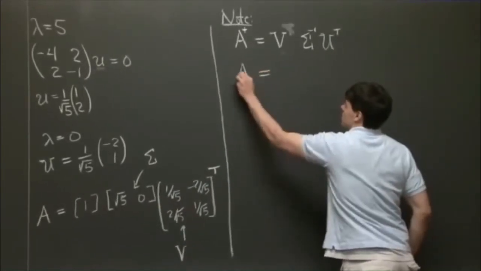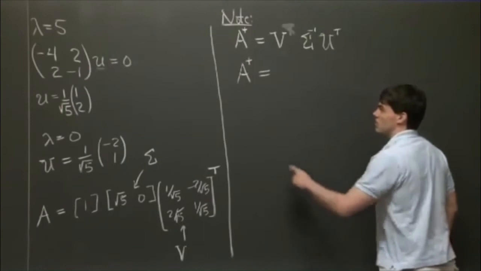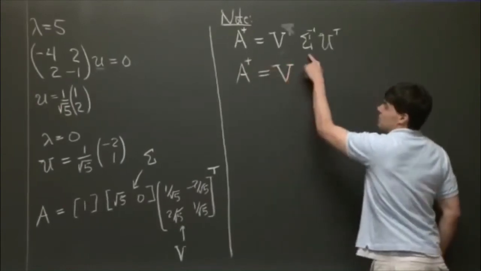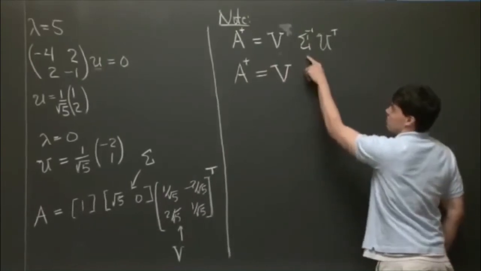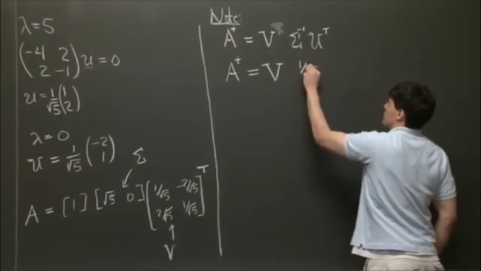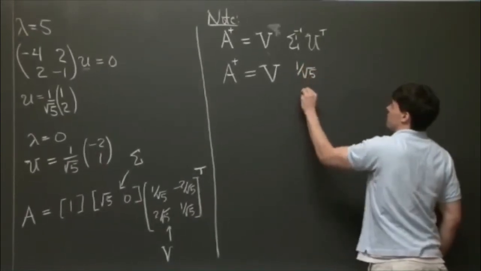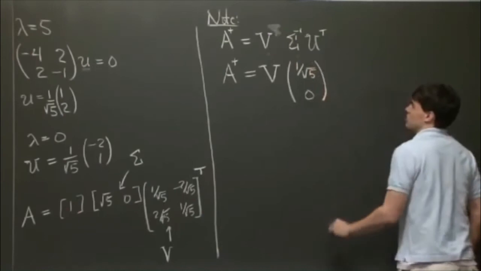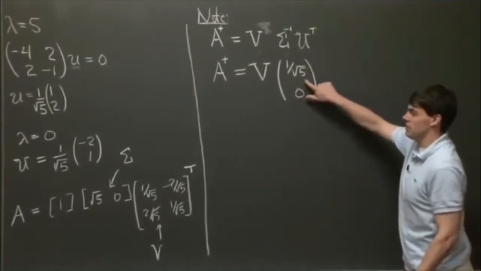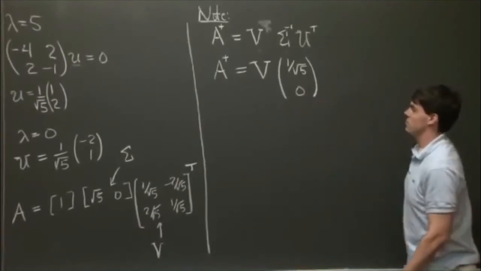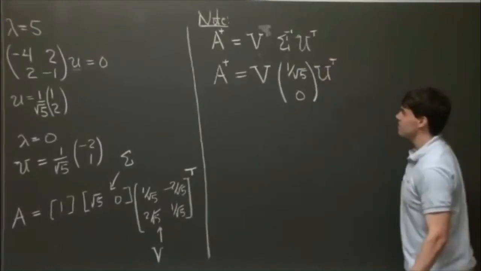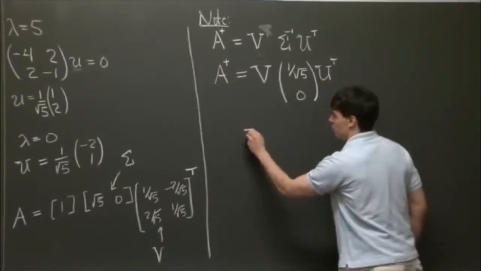So when A is not invertible, we can still construct a pseudo-inverse by taking V times an approximation for sigma inverse, which in our case is going to be 1 over the singular value and 0. So note how where sigma is invertible, we take the inverse, and then we fill in zeros in the other areas, times U transposed. And we can work this out.